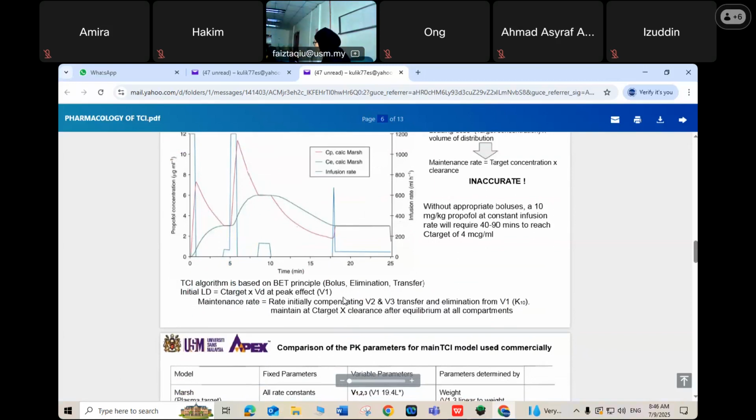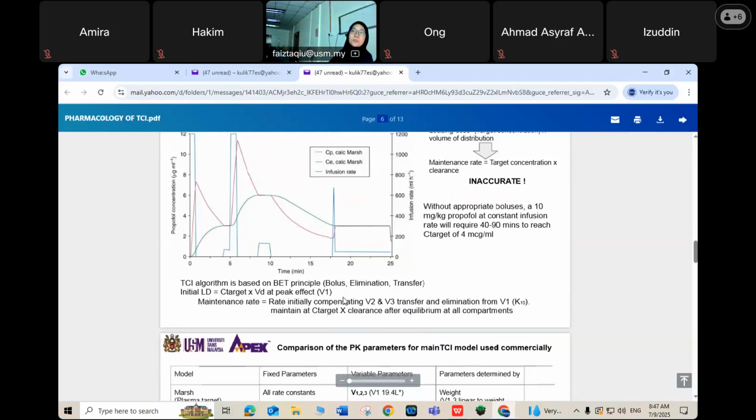That's not how the machine does it. The dose that the machine gives, we don't know. It's the machine's algorithm. It's a secret. But that's what they do. They will give a bolus. They will consider the elimination and the transfer. That's what it means when they say based on the BET principle. It doesn't mean the machine does 10, 8, 6 like the manual rate. Doesn't mean like that. Okay.